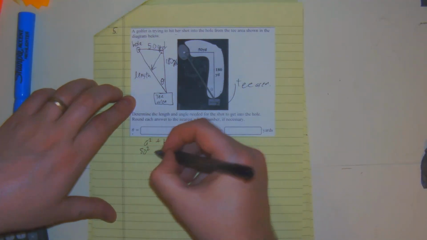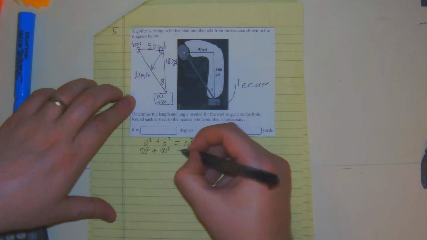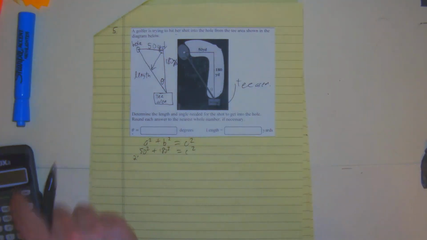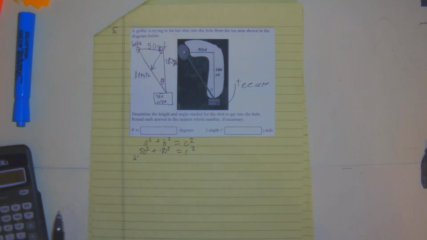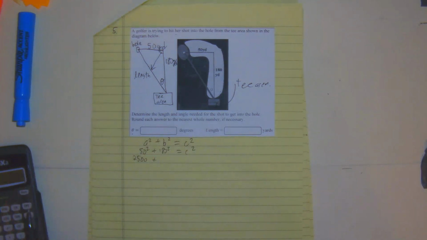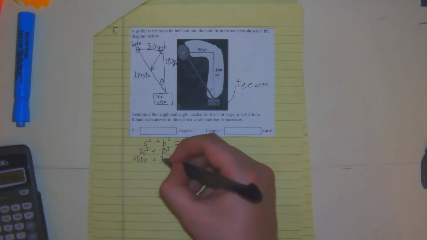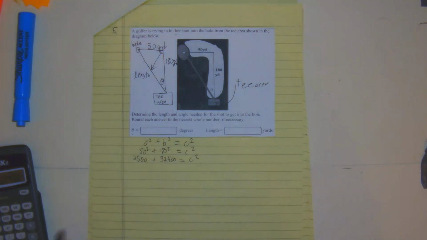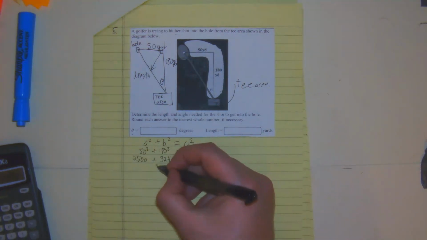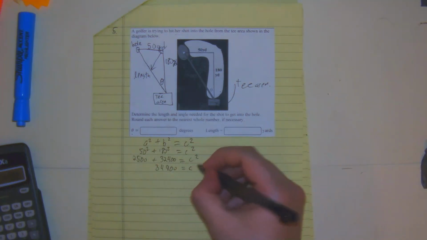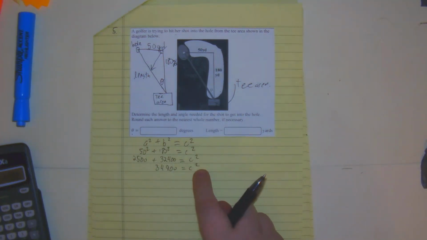You have 50 squared plus 180 squared equals c squared. 50 squared is 2500 plus 180 squared gets us 32,400. Add these up, get 34,900 equals c squared. And the inverse of a square is a square root.